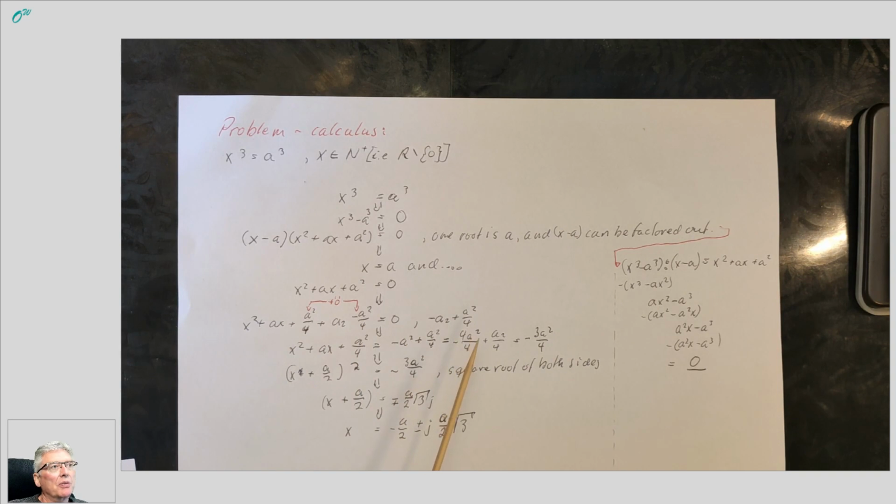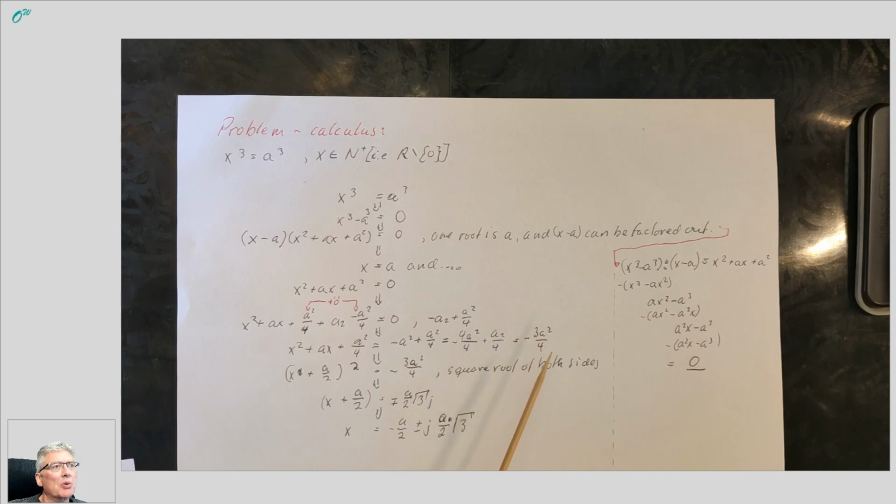And of course, this is 4a squared divided by 4, minus, of course, plus a over 4, and that's minus 3a squared over 4. And here is this one, and of course this is not a square here. That was not a square, that should be removed.